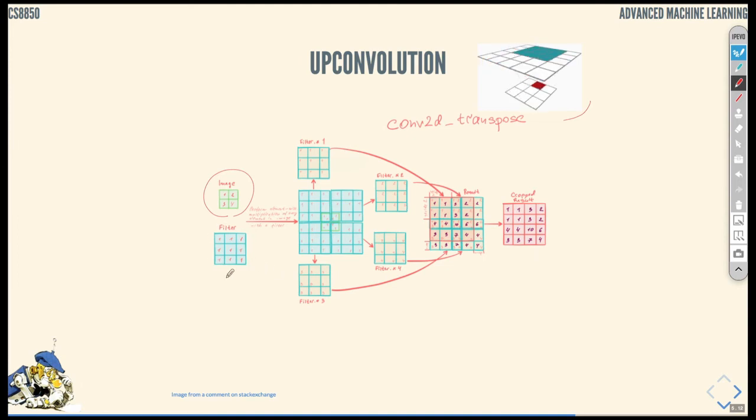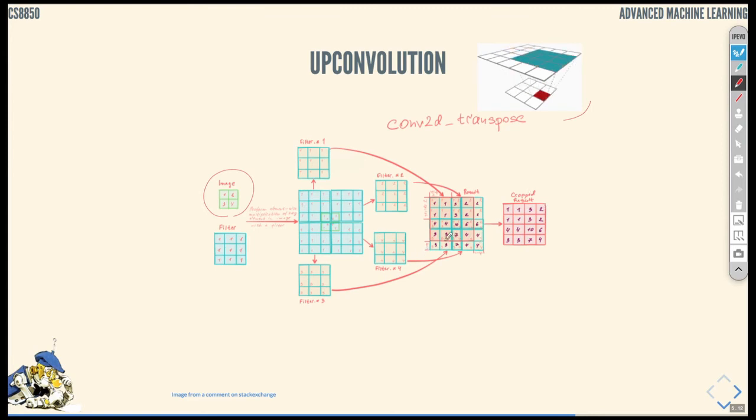We take a large filter and we convolve it in the following way, but we convolve it backwards. You take one input, multiply it with all values of the filter, and open up into a larger patch. And with overlap of these larger patches, you create an image of desired size when the filters overlap.